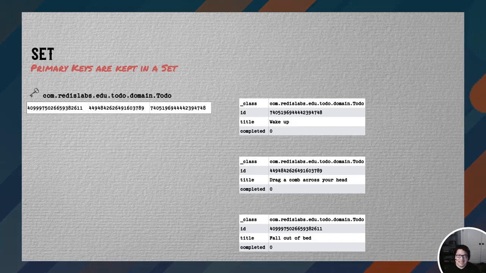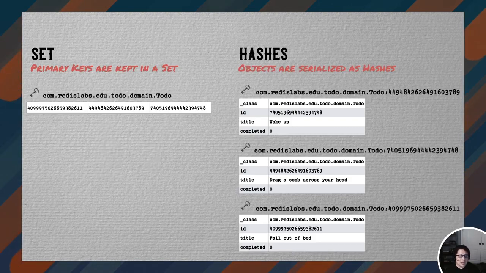And that's one of the beautiful things about schema-free environments like Redis, where you can save space by not adding a property that isn't needed at this point in time. So these are kept in hashes. The primary key for those, again, starts with the fully qualified name of the class, and then a colon and the primary key of the object.